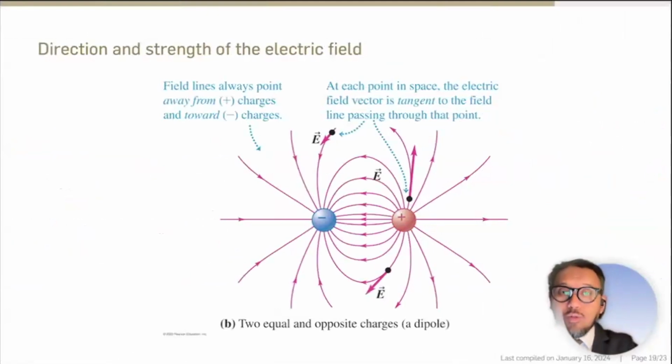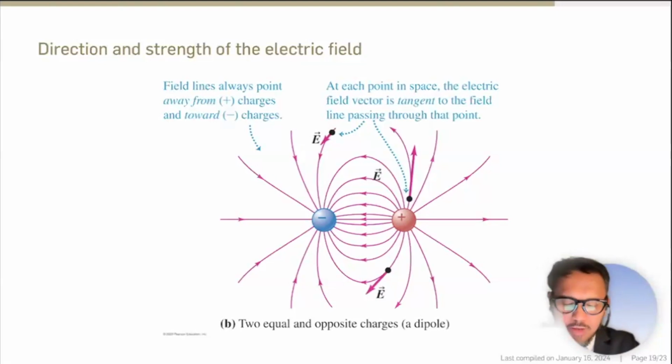All right. So the next few slides are the electric fields from more than one charge. One charge can generate, sorry, I said magnetic field, I meant electric field. So one charge can generate an electric field. Multiple charges can also generate electric fields.